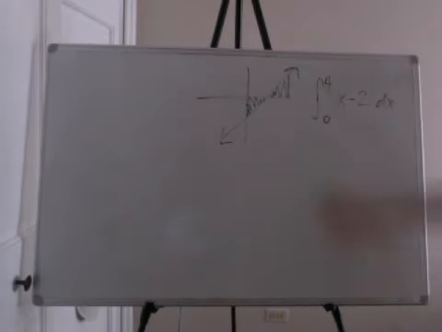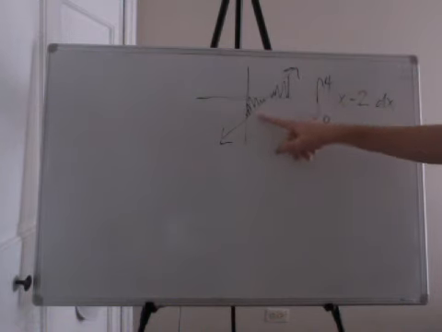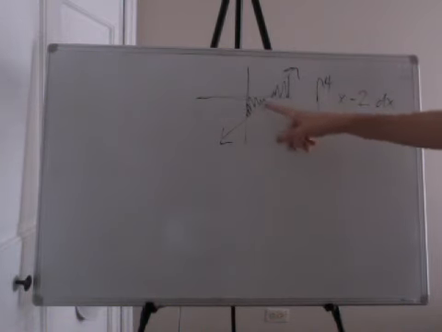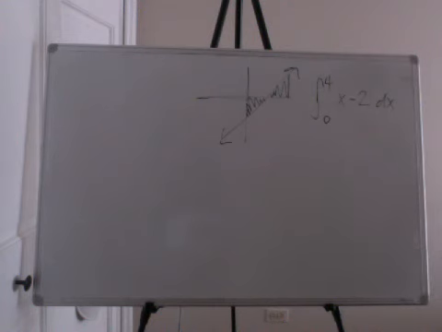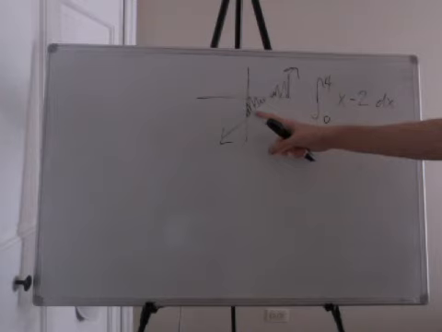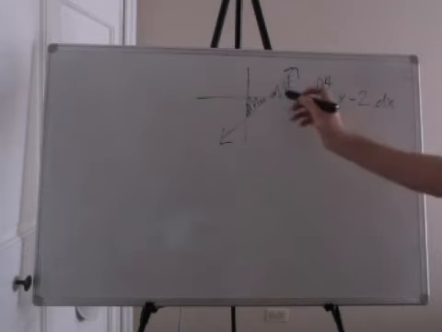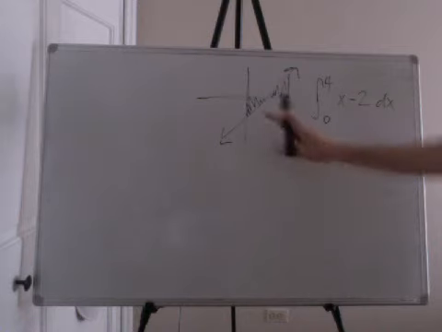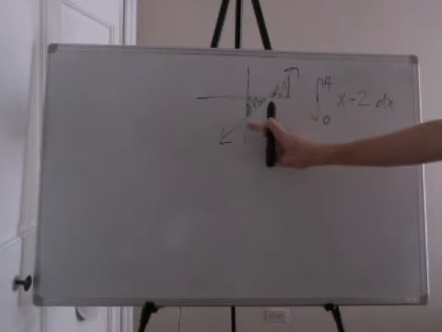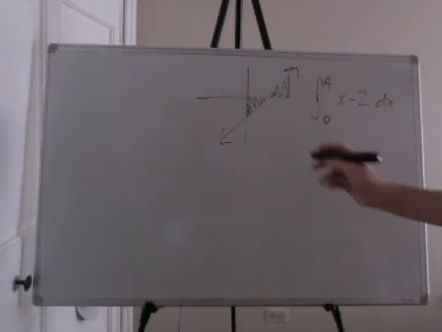What's going to happen here is this area right here is actually considered a negative area, so it's going to subtract from the positive area. But you probably can figure this out in your head. In this exact one, the top area and the bottom area are equal, so this answer is actually going to be 0, because you're subtracting the negative area. If this was 2 to 4, then it would just be this positive one. So because it's 0 to 4, you have to subtract this much.